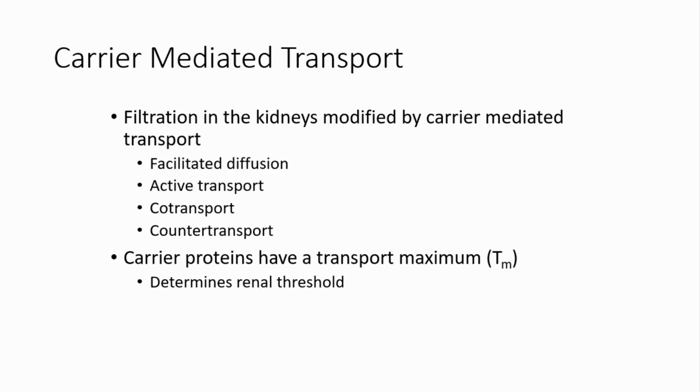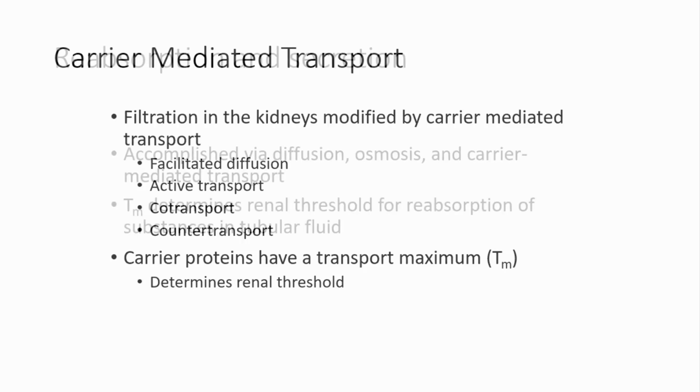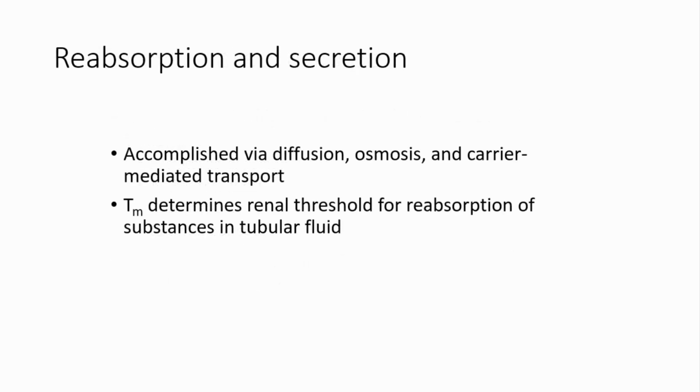And carrier proteins have a transport maximum that we abbreviate as TM. And this is going to determine renal threshold. Reabsorption and secretion is accomplished via diffusion, osmosis, and carrier-mediated transport. The TM determines a renal threshold for reabsorption of substances in tubular fluid.